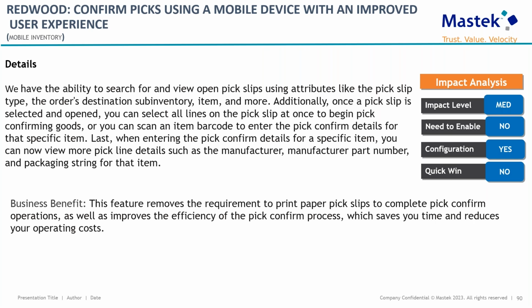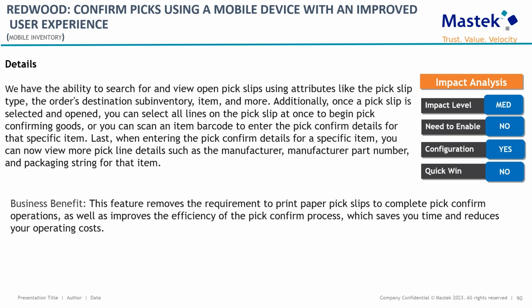Once a pick slip is selected, the user can pick all items at once or scan item barcodes to confirm specific lines as well. The updated interface also shows more detailed pick information, including manufacturer part number, packing strings, project, and task as well.